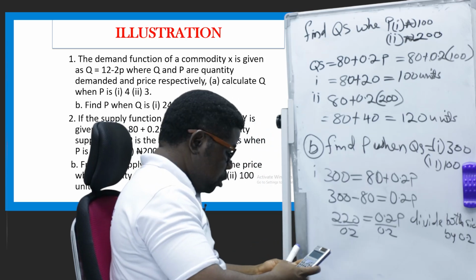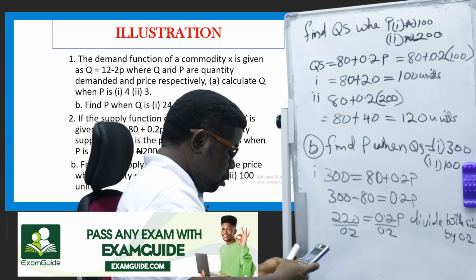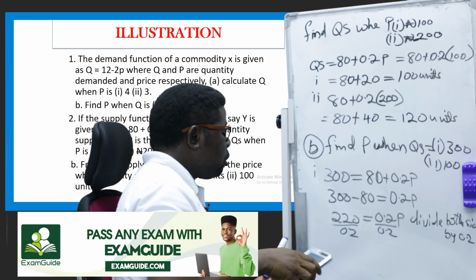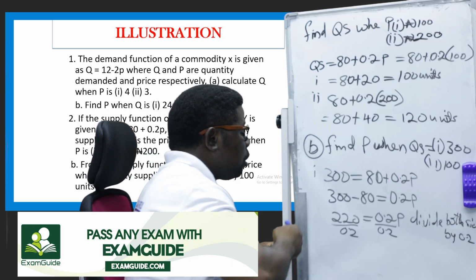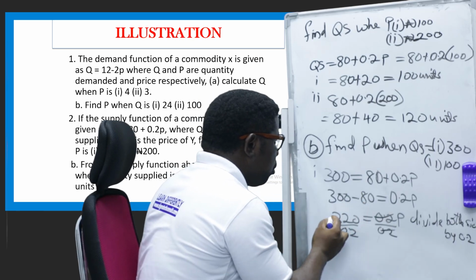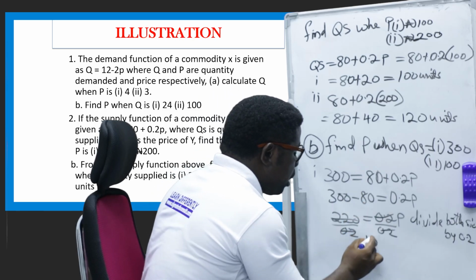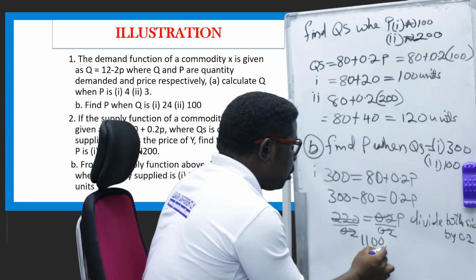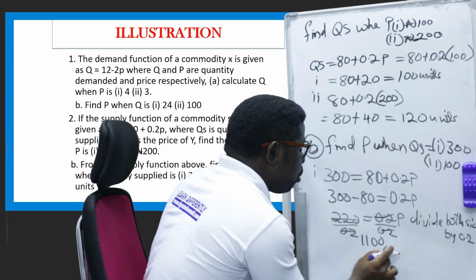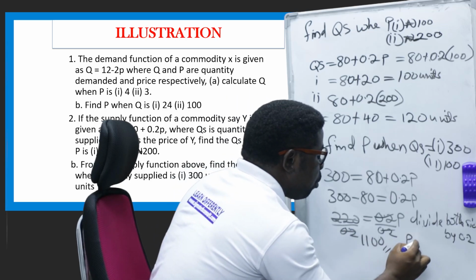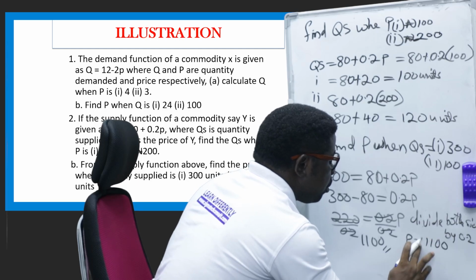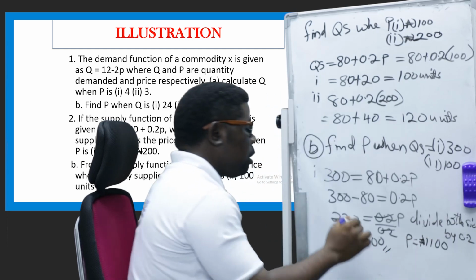So we have 220 divided by 0.2, this will give us 1100. This means P is equal to 1100 naira. Okay, because it's naira, I have to put money there.